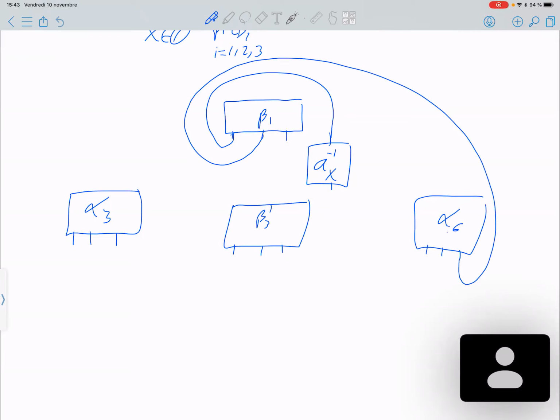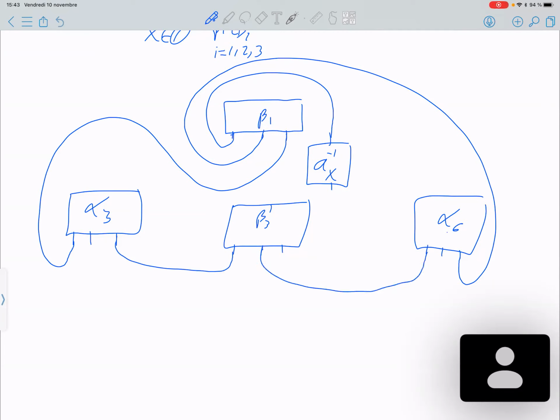And the third one will go there. Okay, now this like that, and this like that, this like that, and this like that. Okay.